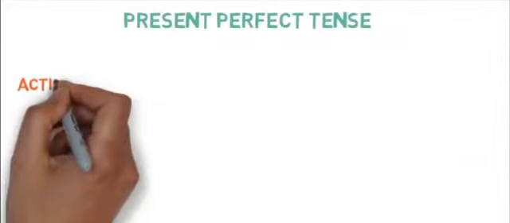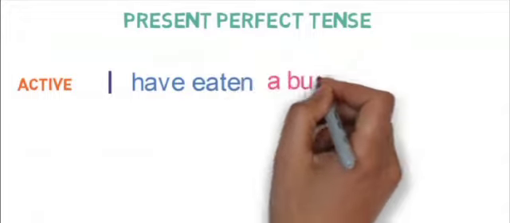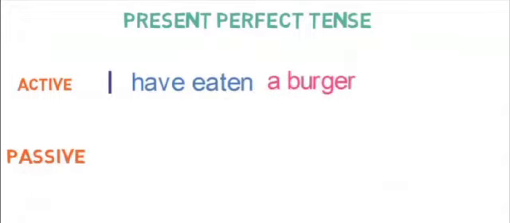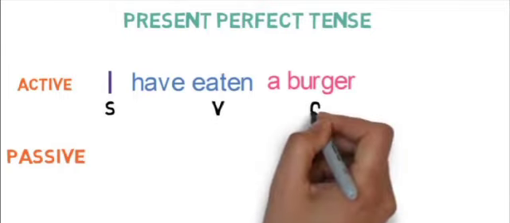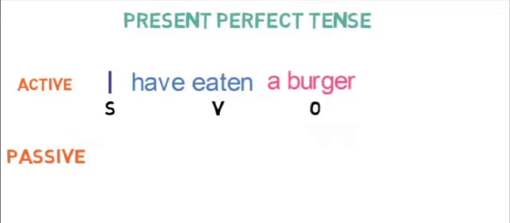Now present perfect tense. In active voice, I have eaten a burger. Now in this sentence, I is the subject, eaten will be the verb, a burger is the object. Now change the positions.